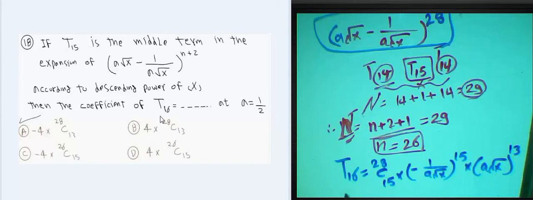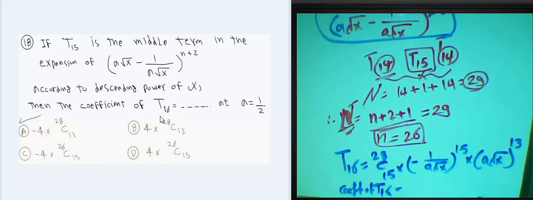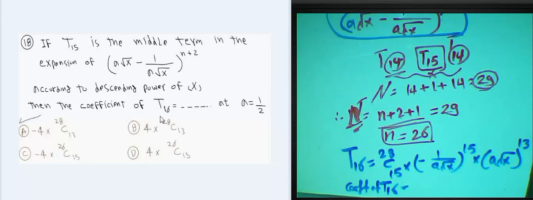You want to find the coefficient of term 16. The coefficient means put x equal 1 in the expression. Put x equal 1 here and here. We can write 28 combination 15, and the negative is for the sign. He gave us a equals half.